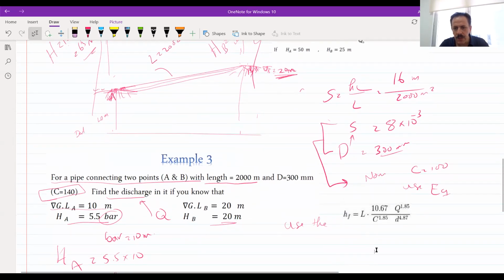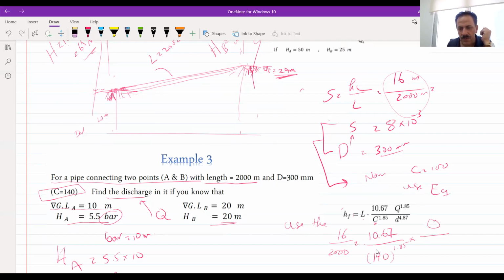So the equation says that the head loss HF divided by the length, HF over L, is 16 by 2000. So 16 divided by 2000 is equal to HF over L, which is equal to 10.67 divided by C. The value of C is 140, power 1.85, times the diameter, that's what I'm looking for.